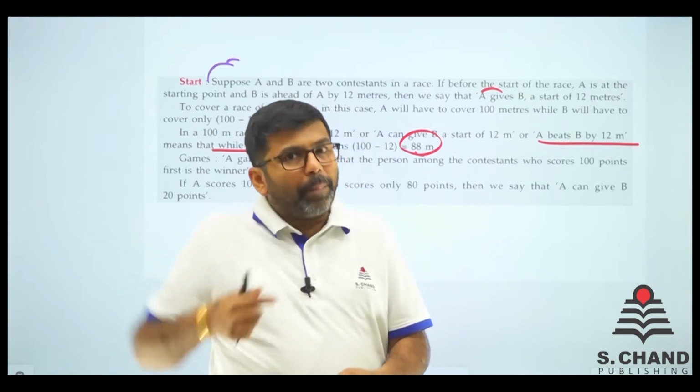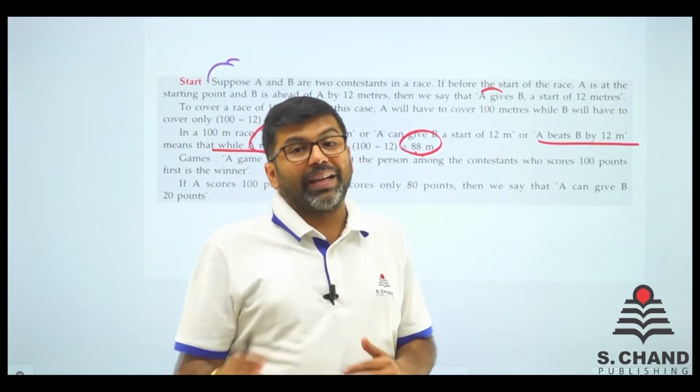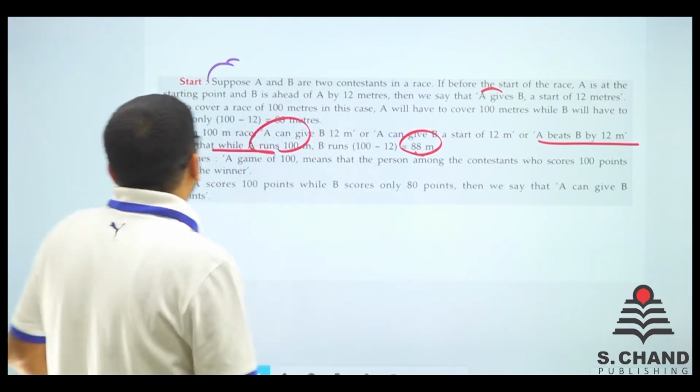He beats B by 12 meters, that is B ran 88 meters only.